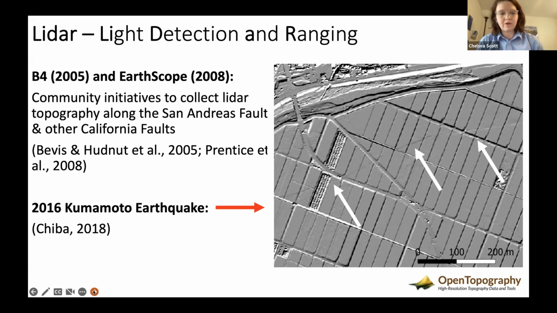This figure here on the right shows what a tectonic fault scarp looks like in LiDAR topography data. This is for the 2016 Kumamoto earthquake, where you see this step that stretches across these agricultural fields. And that step is the fault rupture that was produced during the earthquake.